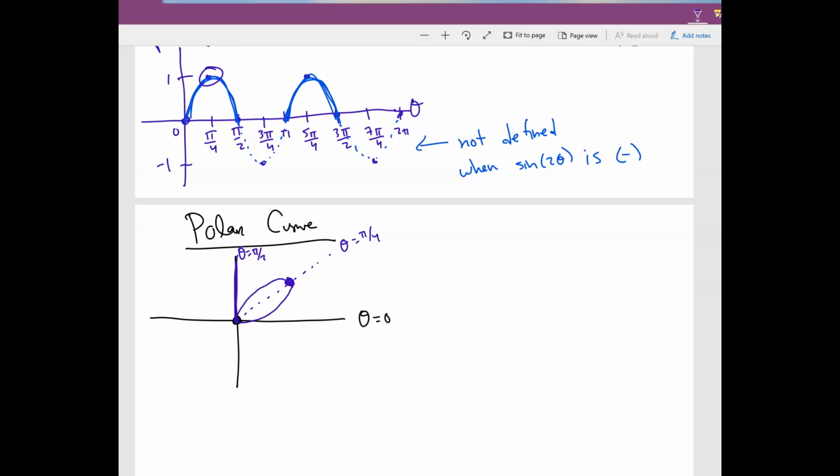Okay. Notice that from pi over 2 to pi, so from here all the way to pi, there's nothing. Nothing happens. So now we're going to go from pi. Okay, so skip pi. Pi is at 0, stays there. Now we're going to go to 5 pi over 4. 5 pi over 4 is across from here. So here's theta equals 5 pi over 4. And in that direction is positive 1.